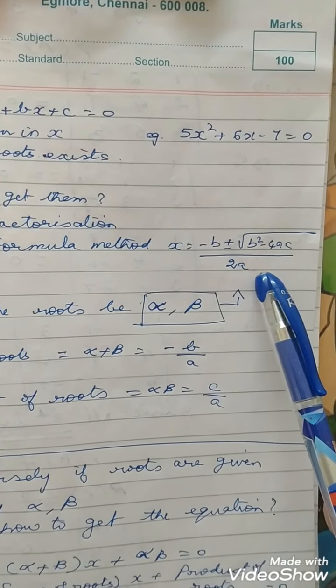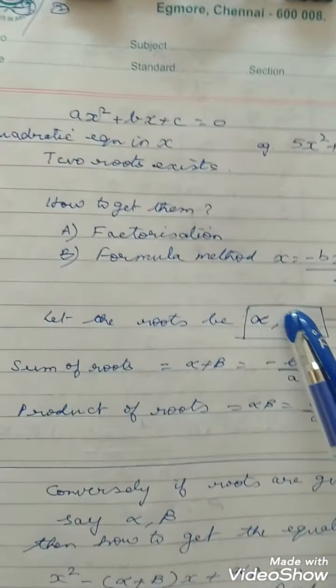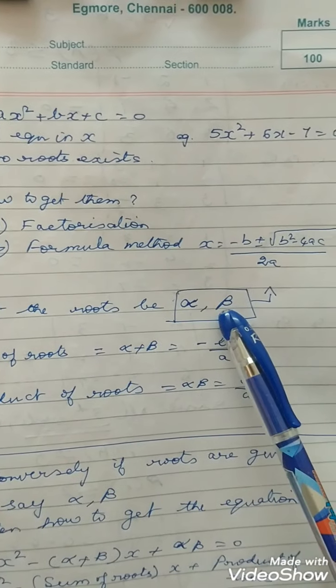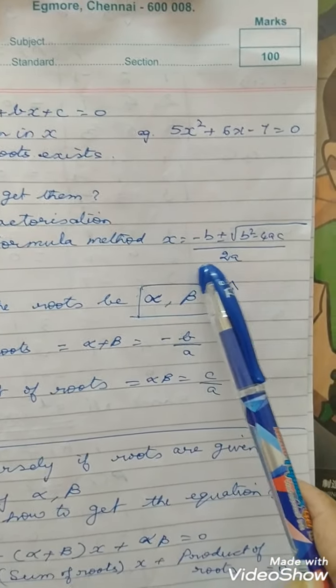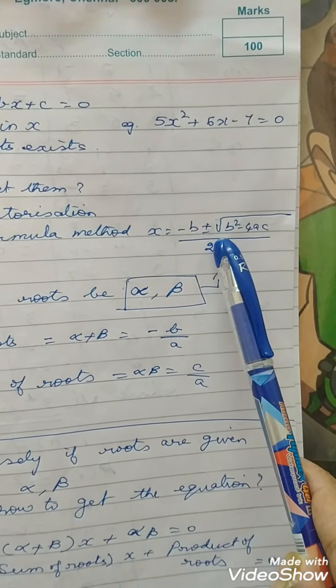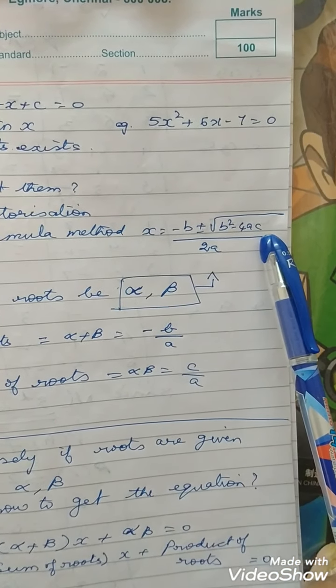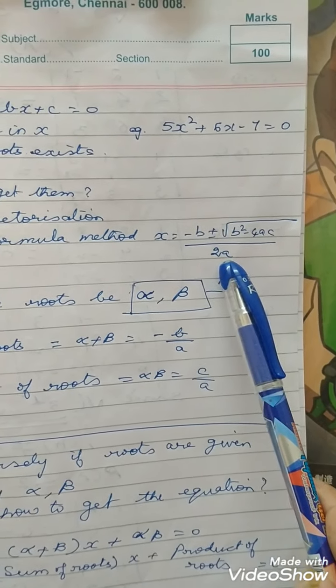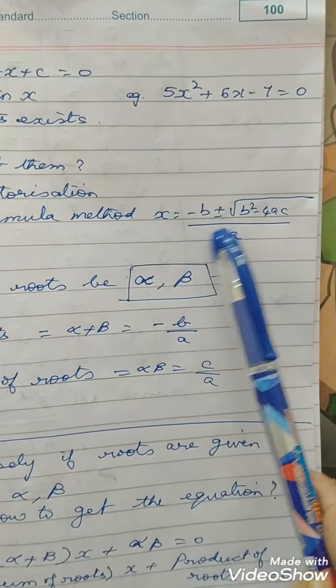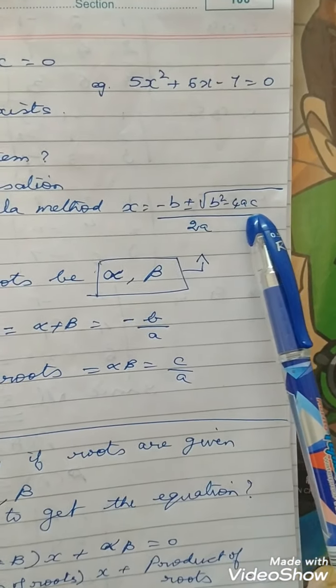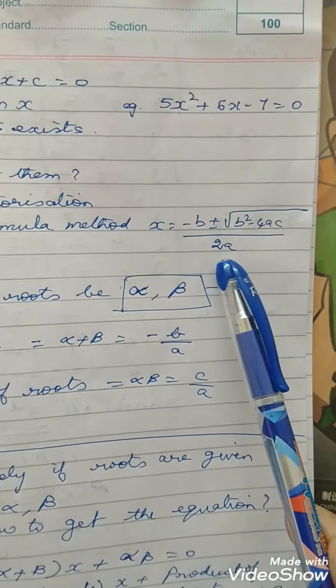Now, we'll call one root alpha and the other root beta. Assume alpha is equal to minus b plus root of b squared minus 4ac by 2a. And then beta is minus b minus root of b squared minus 4ac by 2a.